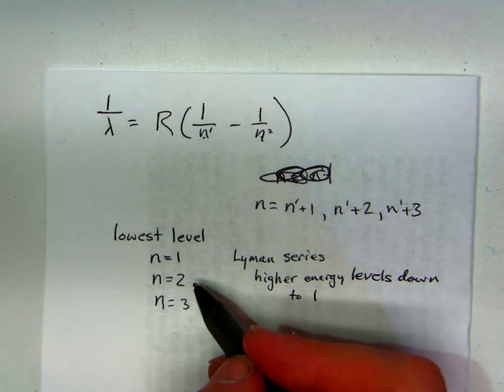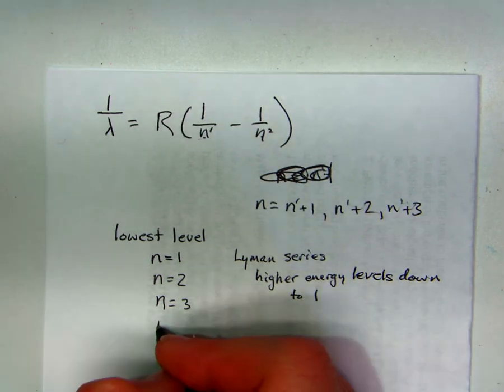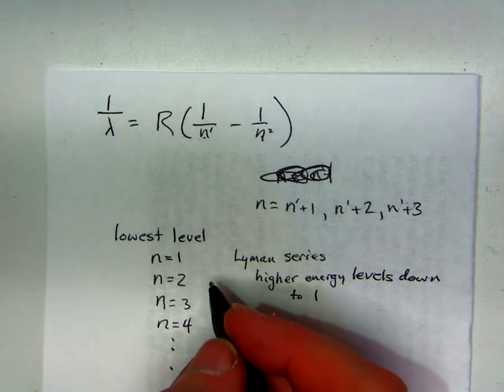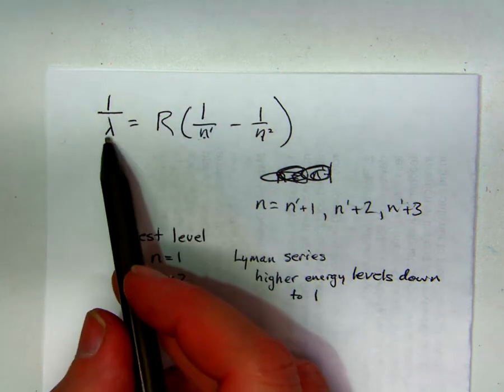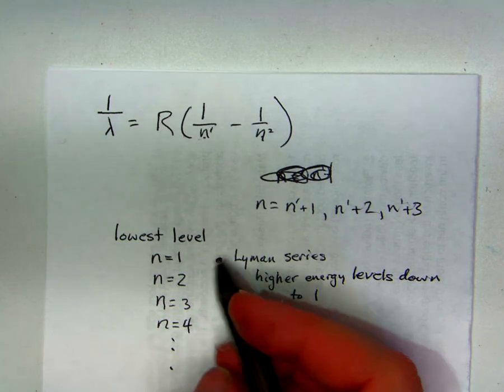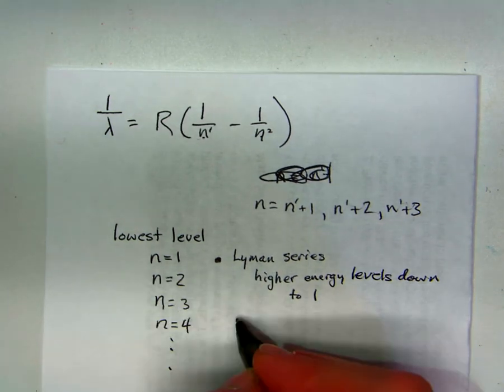In other words, we're going from level 2 down to 1, or level 3 down to 1, or level 4 down to 1, and so forth. All of them going down to 1. And what they give off is this certain wavelength of light. So that would be what they would call the Lyman series, the Balmer series.